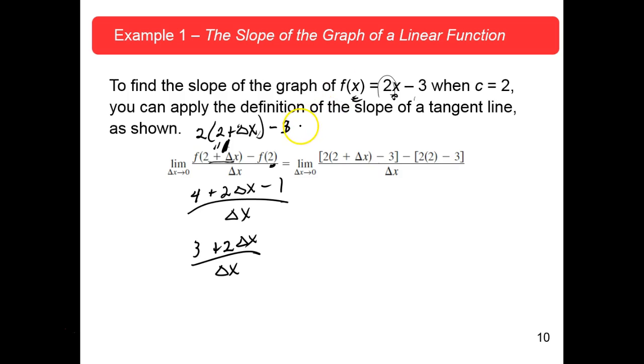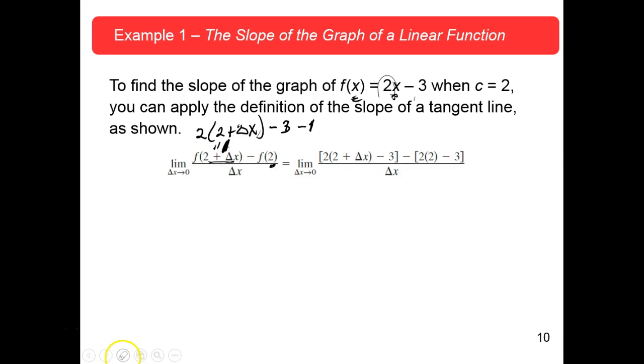And then we do the minus, what do we say that was? That was a 1, wasn't it? Yeah, minus 1. Now this is coming out a lot better. Let me erase this mess. I can't believe y'all let me do that.